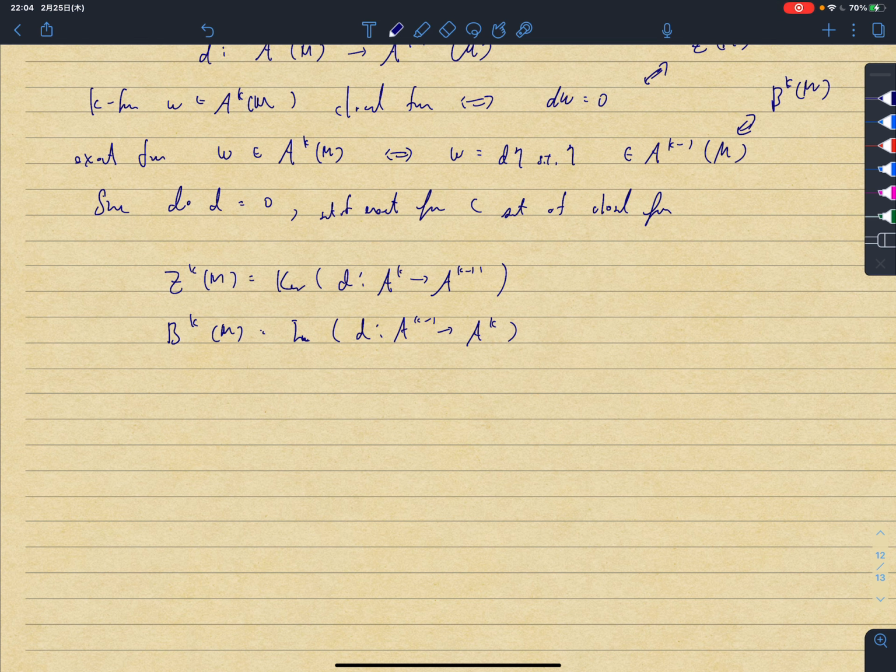Both Z^k(M) and B^k(M) are linear subspaces of A^k(M), of course.